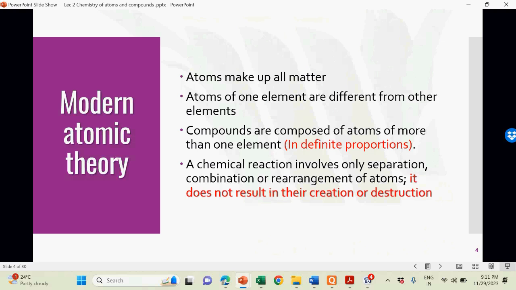Atoms of one element are different from those of another element, as we mentioned in the previous slides, and are unique in their structure and their identification of that specific element. And compounds, on the other hand, are a combination of two or more atoms in different proportions, as we mentioned yesterday.